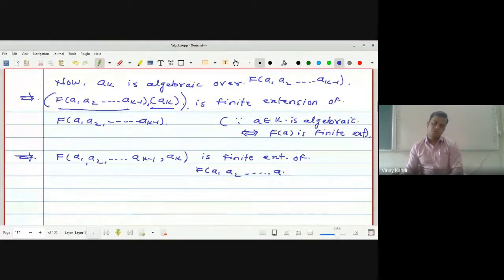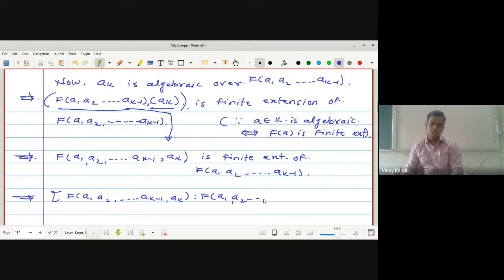So here this is a finite extension of this field. So this implies the degree of F of A1, A2 up to so on AK minus 1, AK over F of A1, A2 up to so on AK minus 1 is finite.